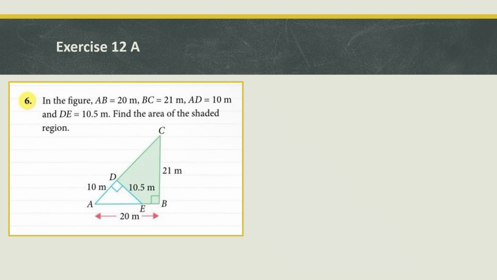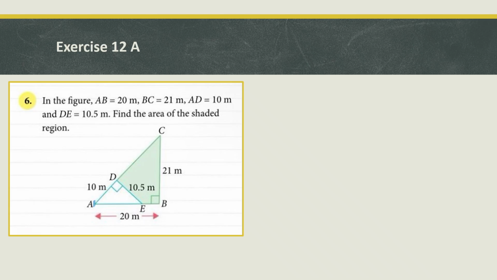Find the area of the shaded region. For this we need to first find the area of triangle ABC, and then the area of triangle ADE, and then we will subtract the area of the smaller one from the bigger one, and then we will get the area of the shaded region.